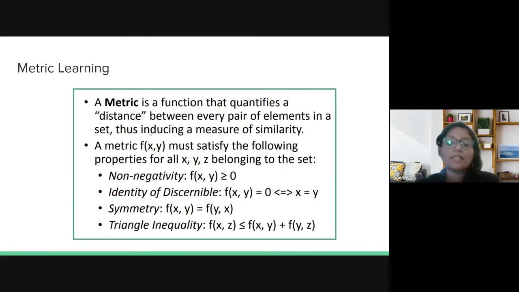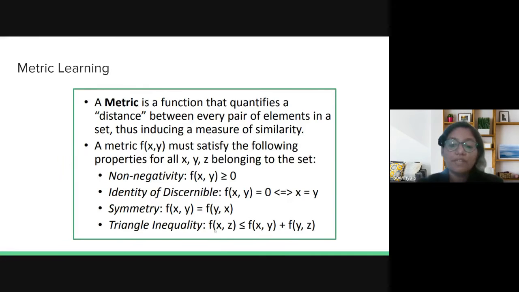And they have these nice mathematical properties. The distance is always non-negative, and f(x,y) is 0 if x is equal to y, because we know that if two objects are exactly the same, then the distance between them has to be 0. Symmetry, f(x,y) equals f(y,x). And most importantly, this is what defines distance, which is the triangle inequality.